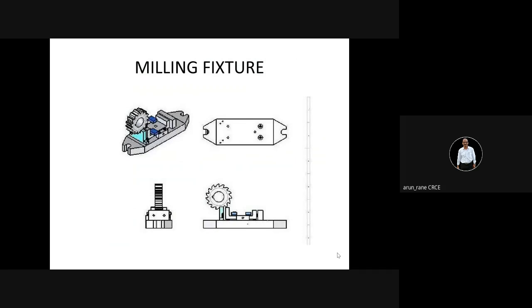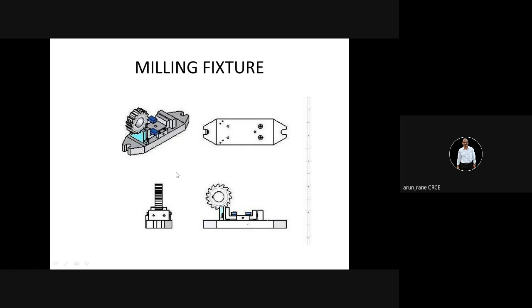When you are designing the drilling jig, at that time itself you have to give thought to the milling fixture also. So fixtures are basically heavy. Now this is a side and face milling cutter, and this is being done on a horizontal milling machine. The spindle is like this, horizontal. This is the base.